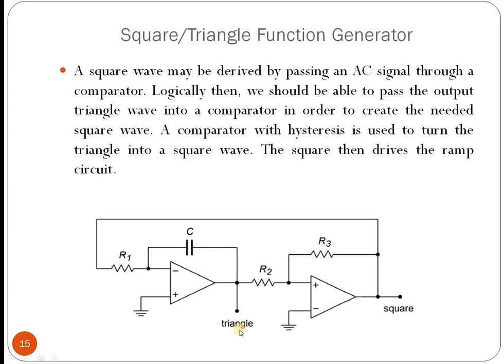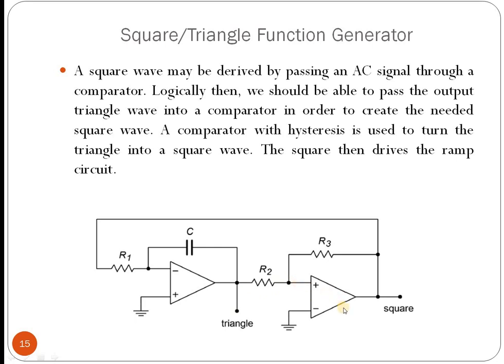Here the first part is similar to the integrator circuit, and the second part is the comparator circuit. In the integrator circuit the output will be a triangle, and this output is given to the input of the comparator.